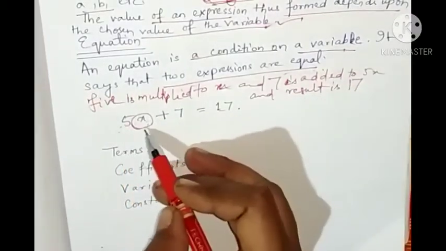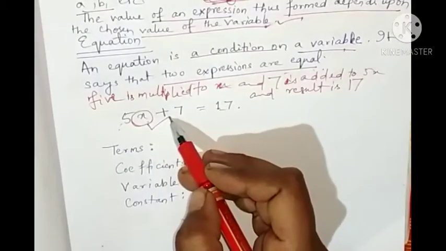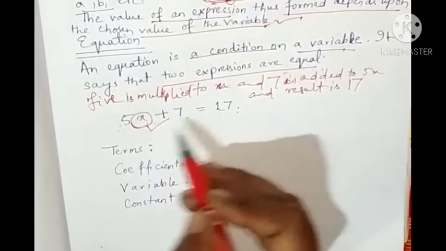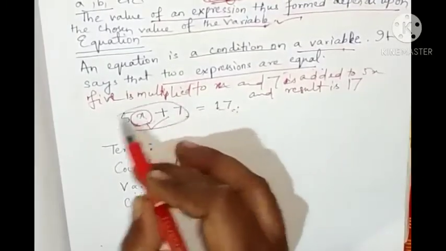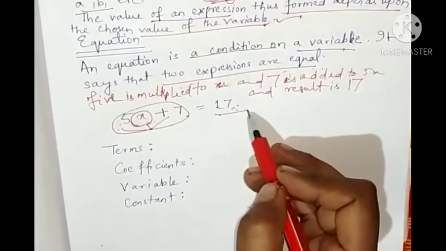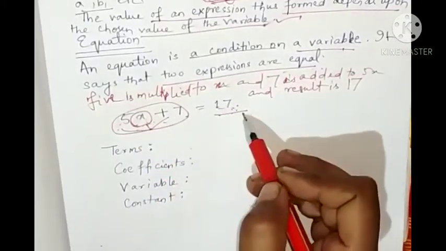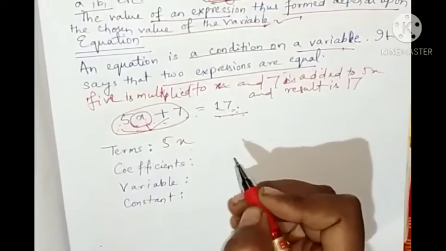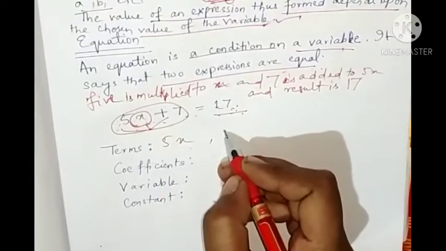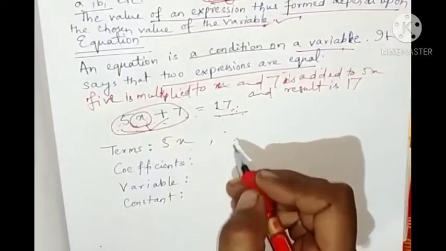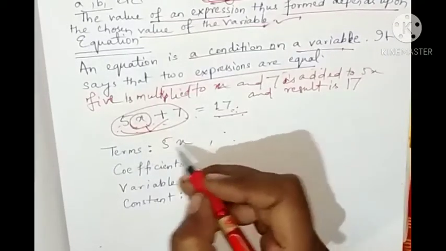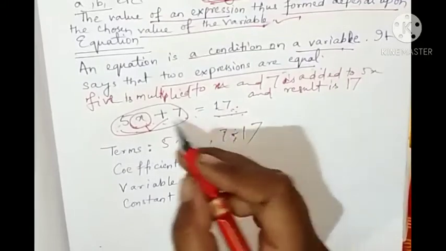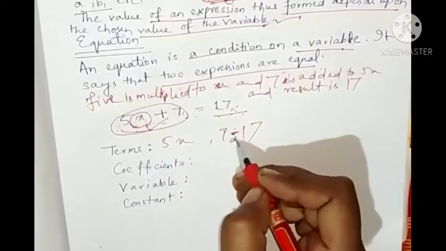So all of this depends on x, the variable. And here you see 5x plus 7 is equal to 17. So this is one side and this is the other side, and these two are equal. Here the terms are 5x, 7 and 17.